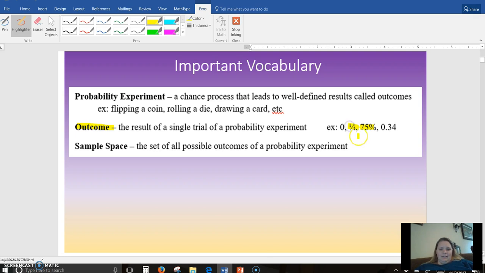What's the probability of getting the yellow marble? It's just of a single trial. Okay. The sample space is all the possible outcomes. And so we're going to learn how to draw and come up with those sample spaces.